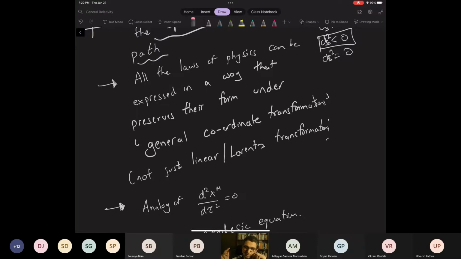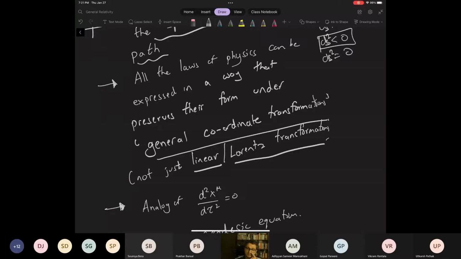Now, we will demand a more general principle, which is that the laws of physics can be expressed in a way that preserves their form not just under Lorentz transformations, but under any kind of coordinate transformation, linear or nonlinear, a general coordinate transformation. So it doesn't have to be a linear transformation, doesn't have to be just a Lorentz transformation. Under any general coordinate transformation, the laws of physics will preserve the same form.